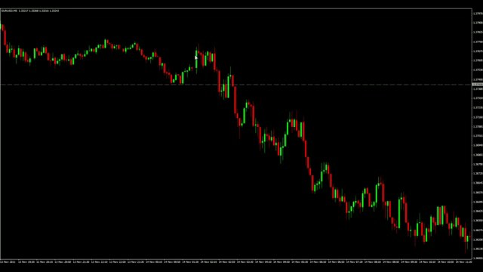So with this strategy that I'm going to be sharing with you, what we're looking for is these support and resistance lines and how price is reacting to these lines.